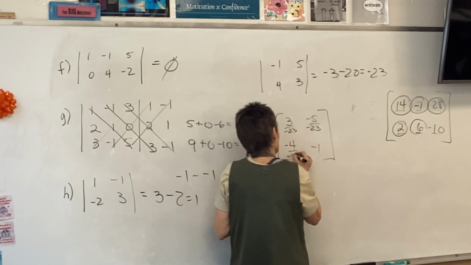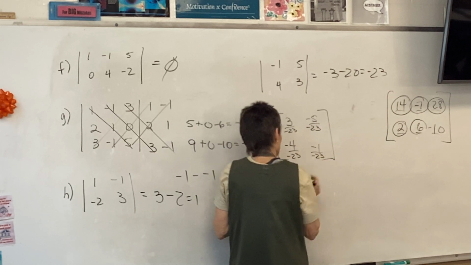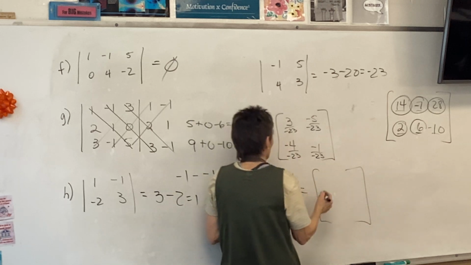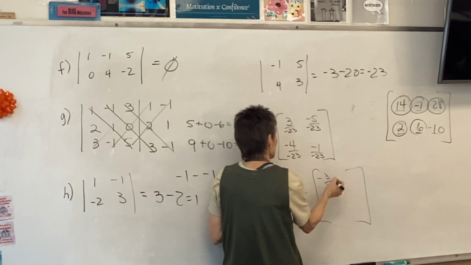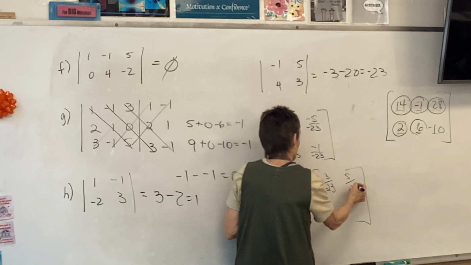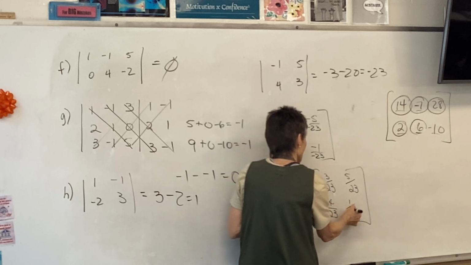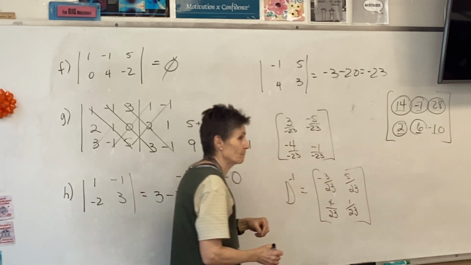None of them simplify, well, the negatives do. So D inverse will be negative 3/23, 5/23, 4/23, and 1/23.